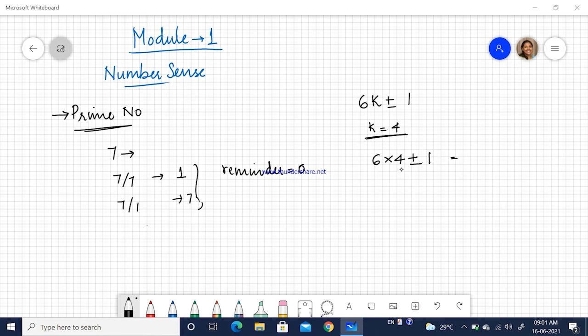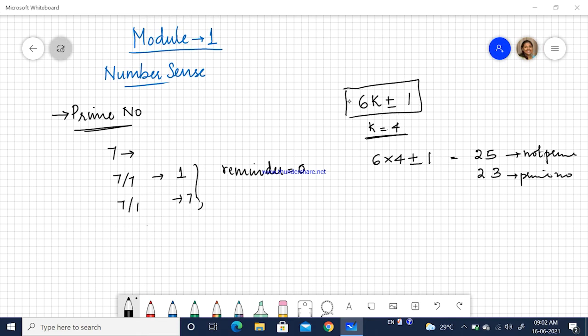That is 24 plus 1, which is 25, and 24 minus 1 is 23. Whereas 25 is not a prime number, 23 is a prime number. This is how we identify the general expression to find prime numbers.